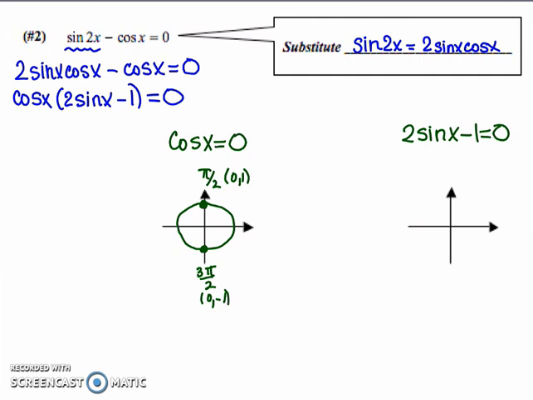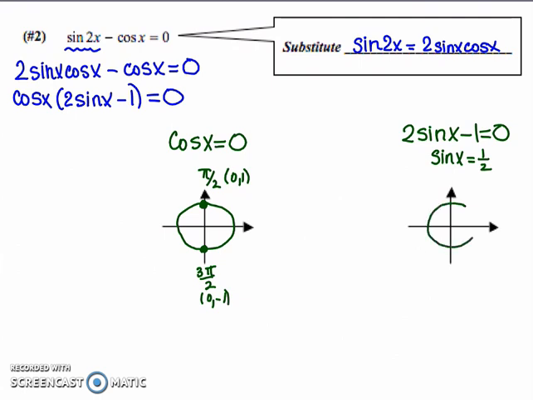In the other equation, when we solve, we're going to be adding 1 and dividing by 2. So this is going to become sine x equals positive 1/2. And then we ask ourselves, of all the terminal points on our unit circle, where is the sine value, which is the y value of the ordered pair, positive 1/2?